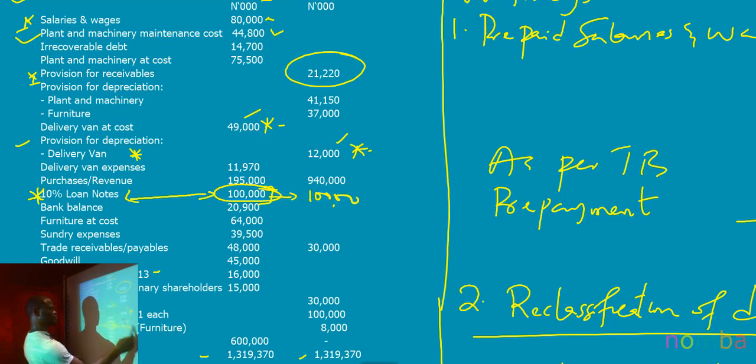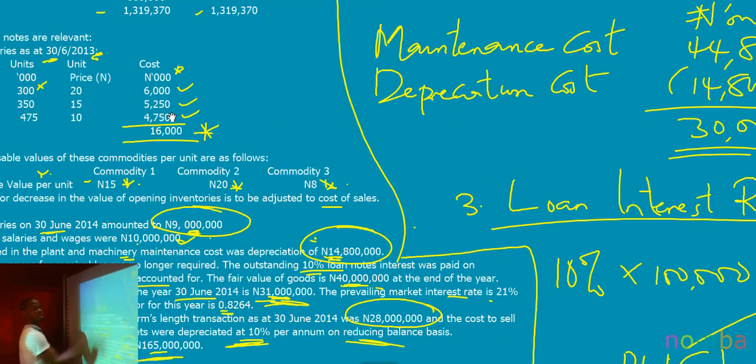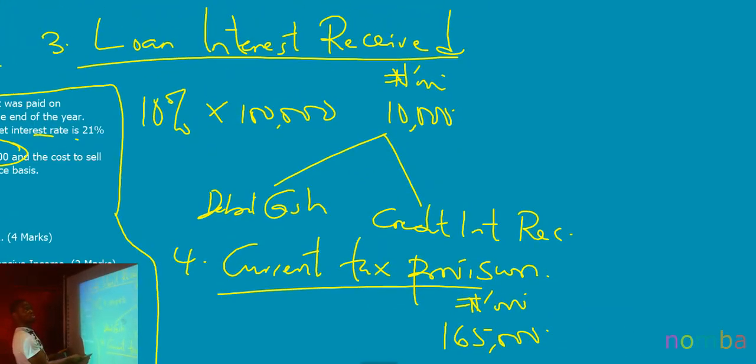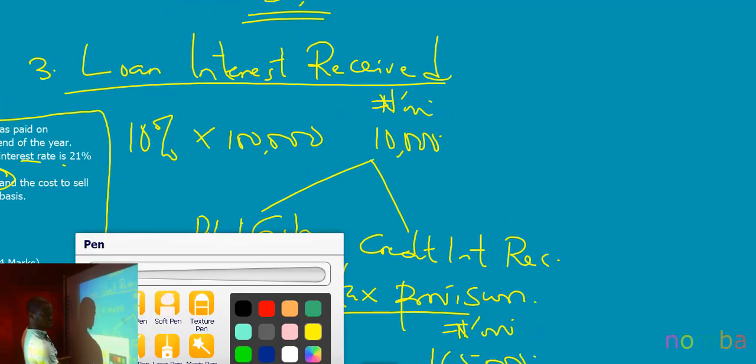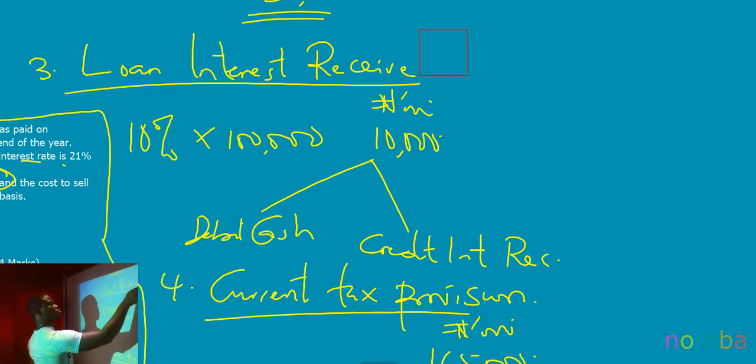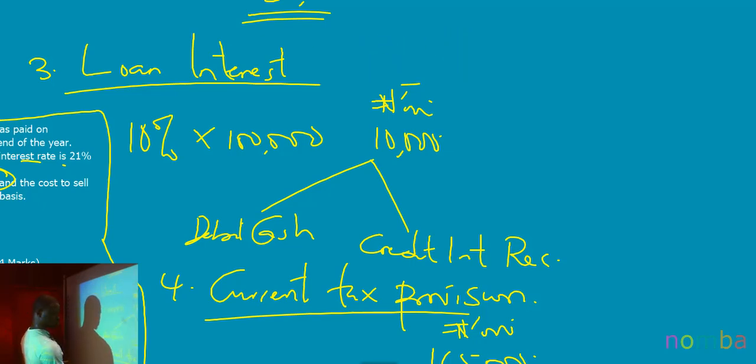Yeah, I was wondering. Because they told us that we paid, not we received. Okay, so thank God I confirmed it. So this should not be loan interest received, it should be loan interest paid, like a finance cost. So you need to be very careful.